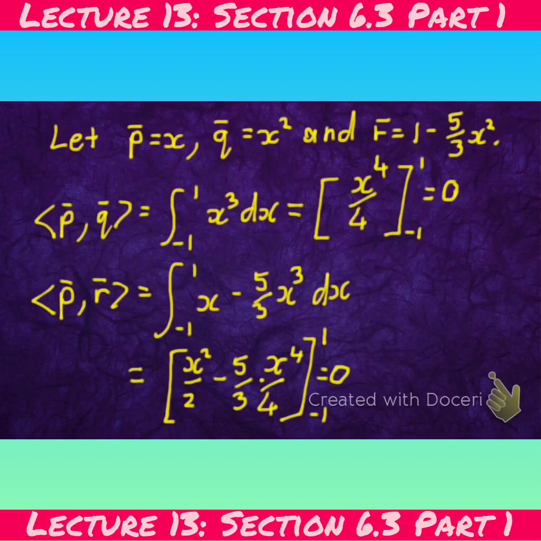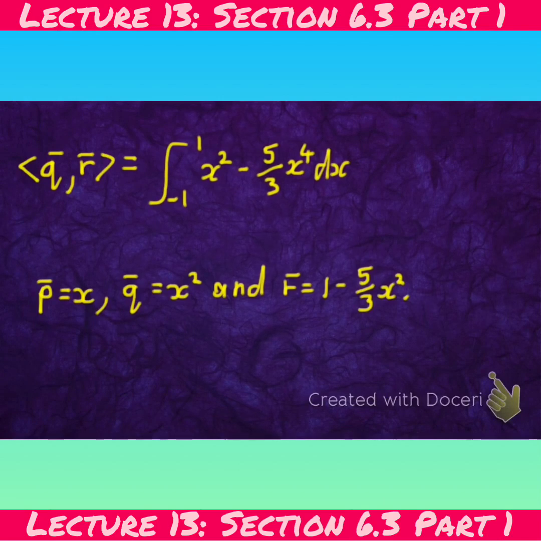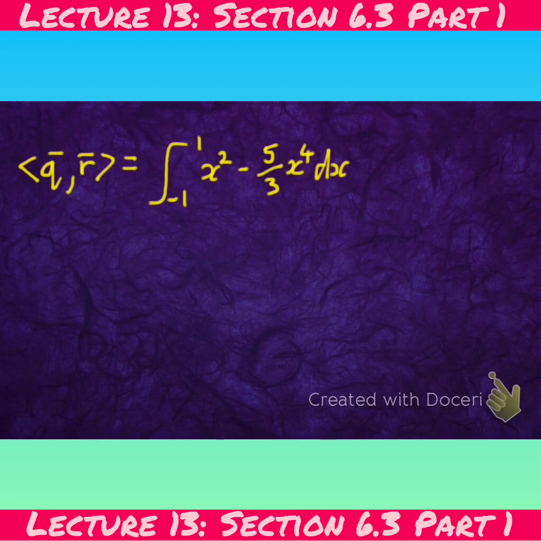Right, so we've paired off P and Q and P and R, and now the last one we need to check is to pair off Q and R and just check that that's 0 as well. So the inner product of Q with R is the integral from -1 to 1 of the function Q multiplied by the function R, which in this case is x squared multiplied by 1 minus 5/3 x squared, and that then becomes the integral from -1 to 1 of this function here.